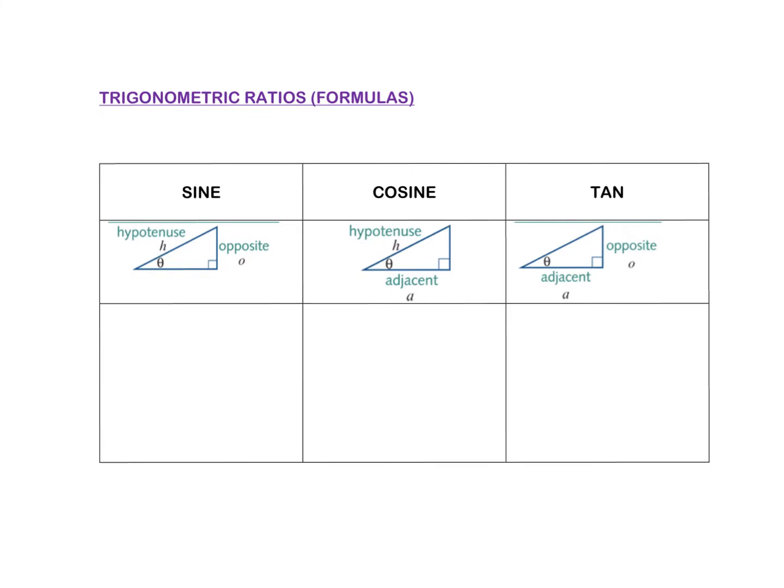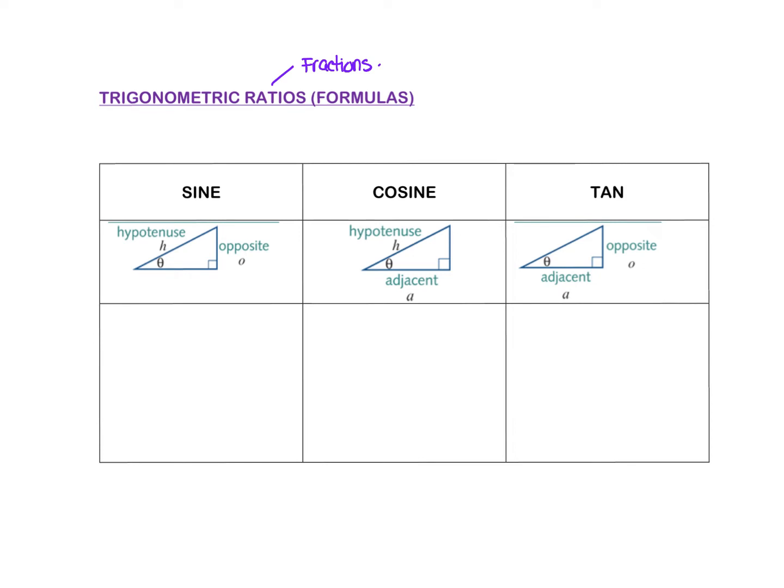Okay, so we're now going to look at trigonometric ratios, which just means formulas. The reason they might use the word ratio is just because sometimes the formulas have fractions in them, so we like to call it a ratio. So don't even stress about it.